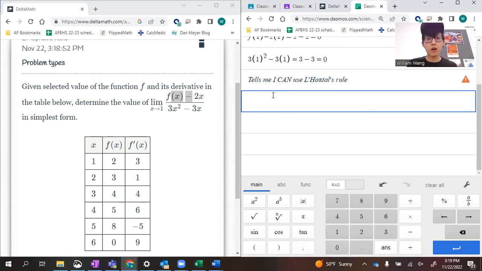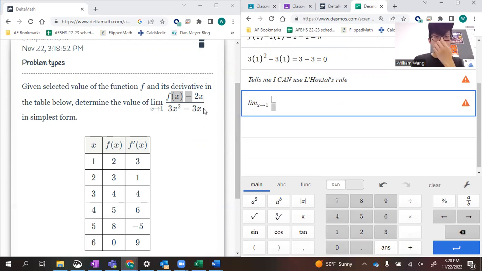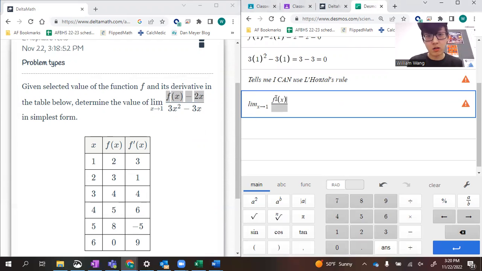So let's move on. Let's take my limit. My limit is as x approaches 1, the derivative of the top and the bottom. Derivative of f of x is just f prime of x. Derivative of 2x is minus 2.